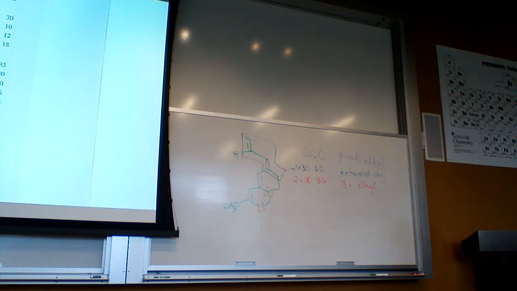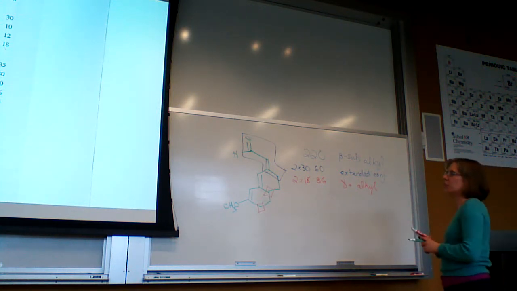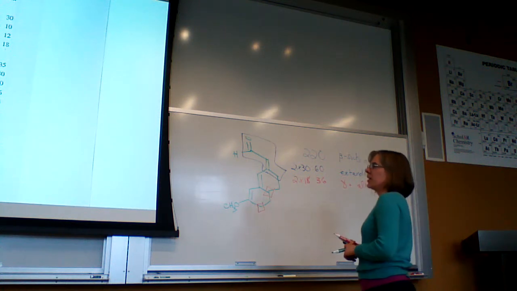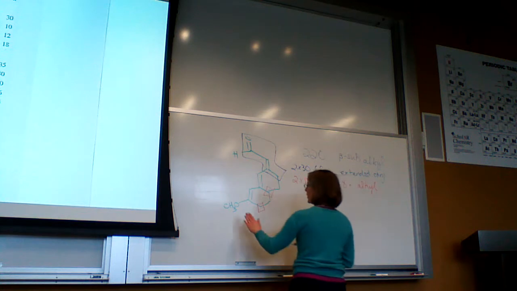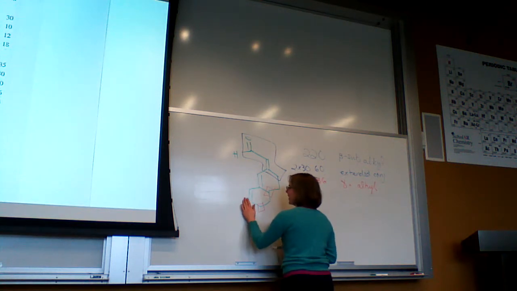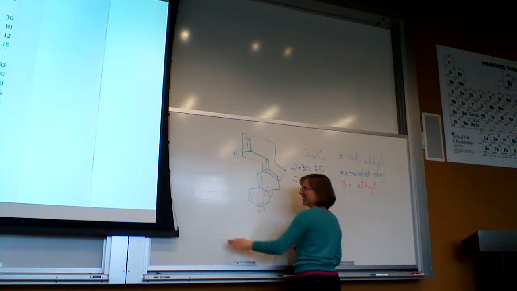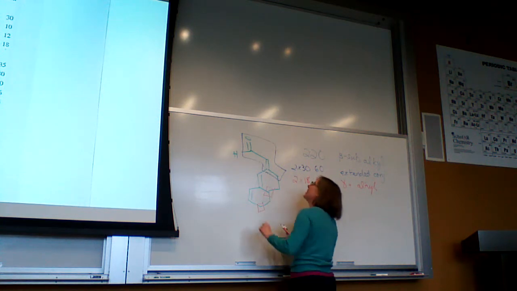So we have this OCH3 group, which is attached way far away. Do I want to do that? I don't want to put it that far away. It's not on our list.